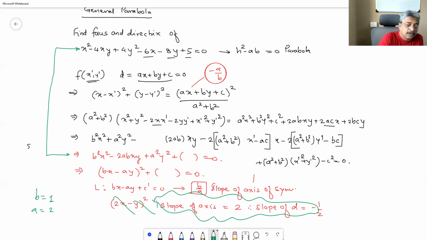Correct? Therefore the slope of the axis of symmetry, that means I am talking about this equation, which is x minus 2y, and therefore the slope is 1/2.